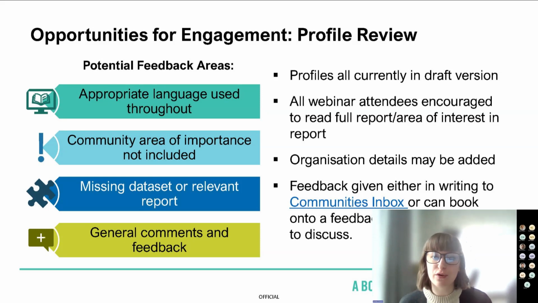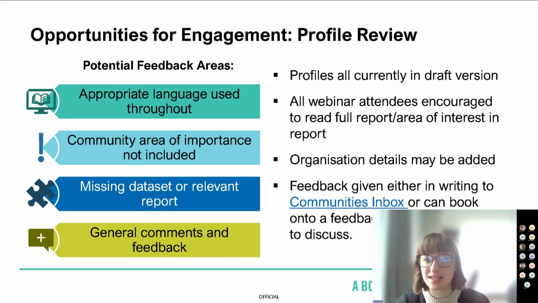Also, if you're an organisation that works closely with the Chinese community or offers specific healthcare services and you'd like your organisation details added to the profile so we can signpost people to your services or your community centre, please reach out to us and we're more than happy to put that on there as well. We want to make sure that we're directing people to the most appropriate places to get support and health and wellbeing information and services.